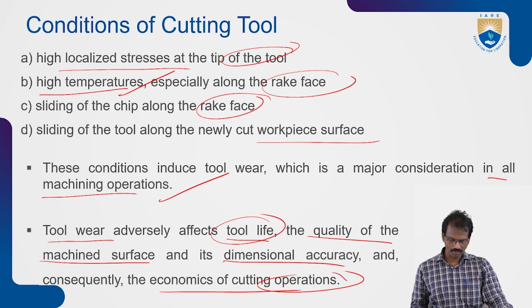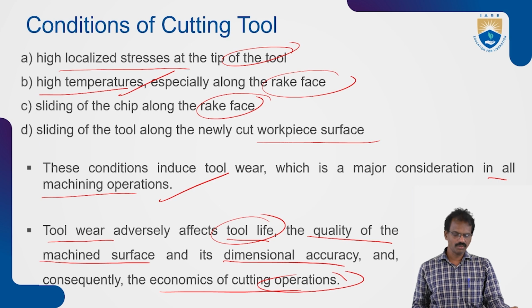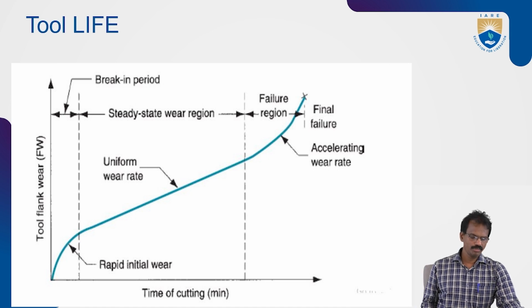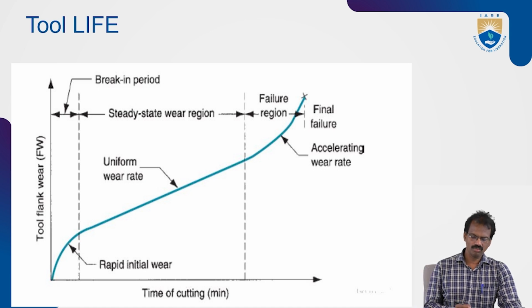We have to study this because the tool life depends upon the tool wear. We should know what the different parameters are which are affecting the tool wear. Also, this is the graph between the tool wear and time of cutting.